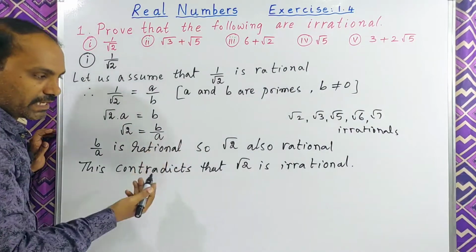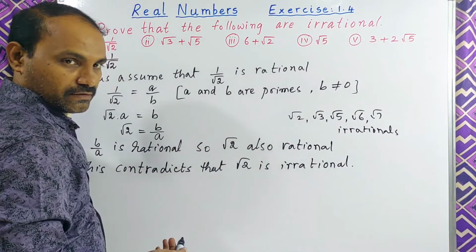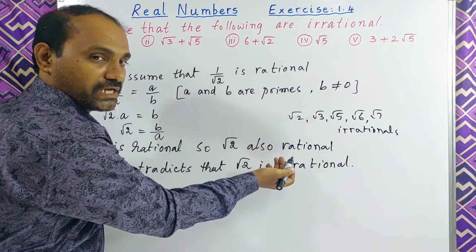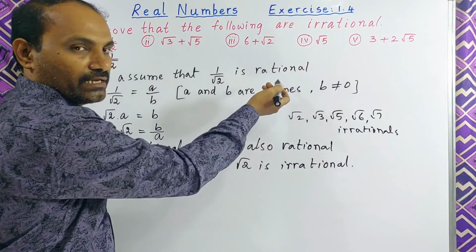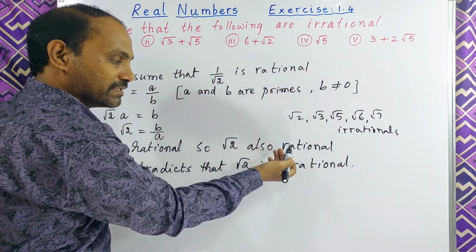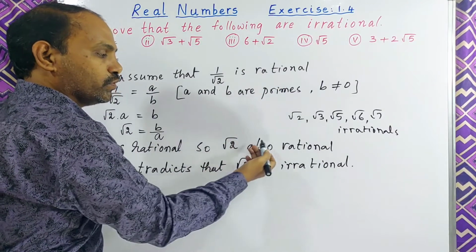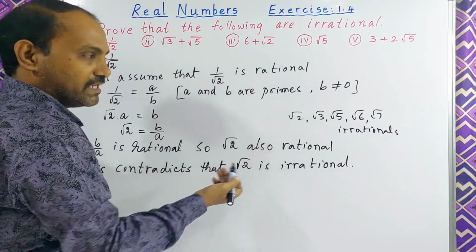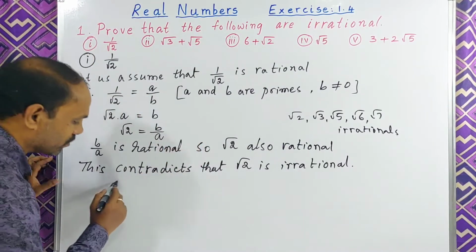Root 2 is irrational, but root 2 becomes rational. Why does root 2 become rational? Because we took that 1 by root 2 is rational. That's why root 2 also becomes rational. So this is a contradiction.